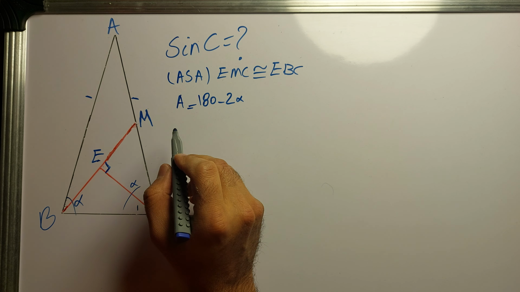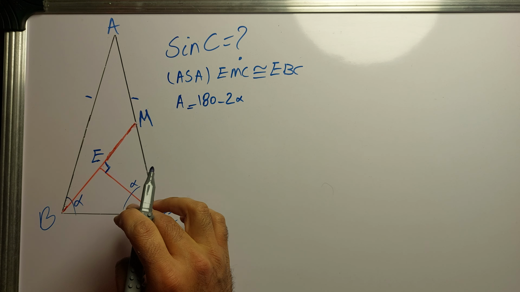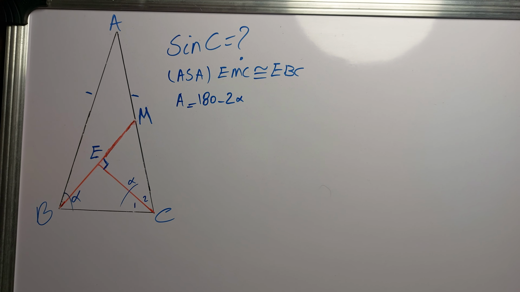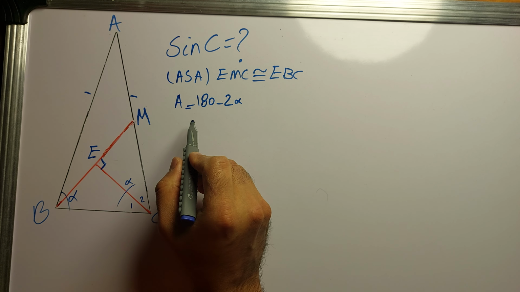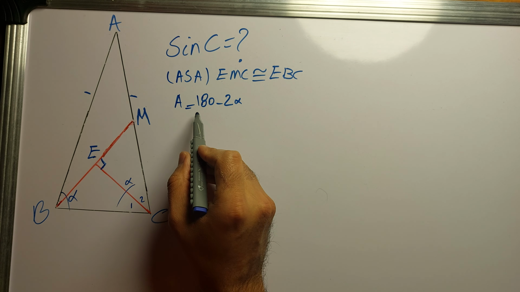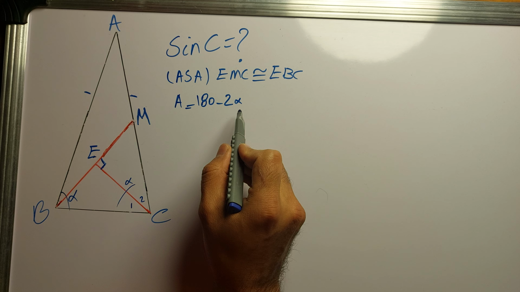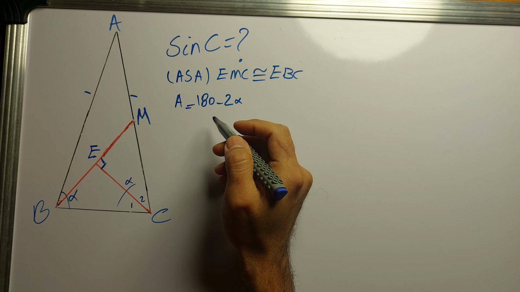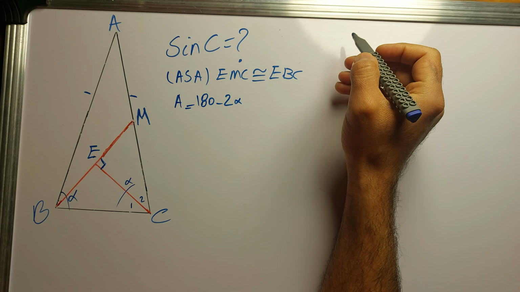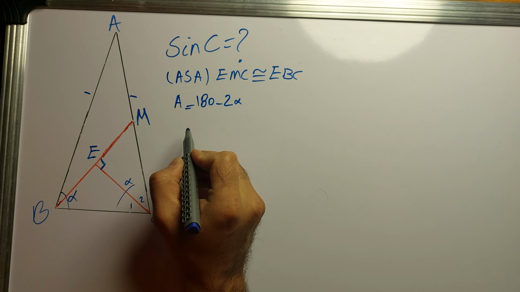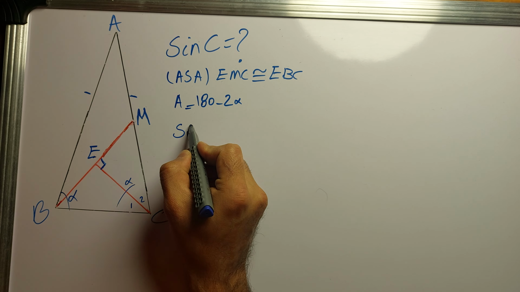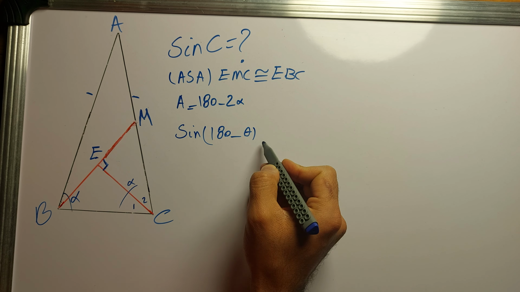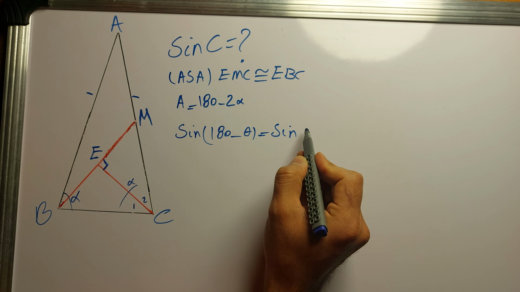We need to find this in order to find a backdoor towards angle B or C, and then maybe we can find the sine of X. What is the sine of A? This must sound familiar. This is a very famous yet practical rule in trigonometry: sine of 180 minus theta equals sine theta.